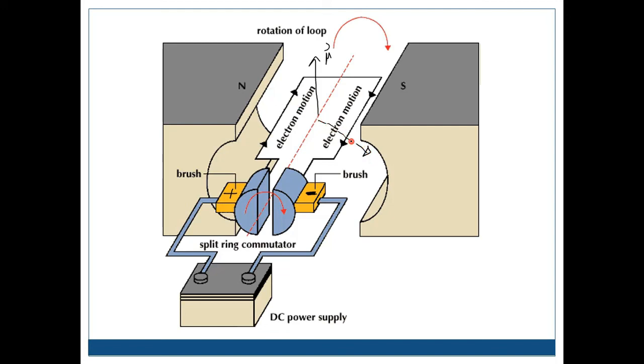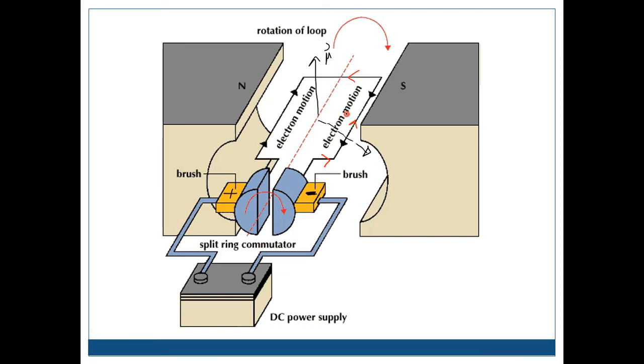It will switch its direction because the current will switch direction. Now my new current, let me draw that with red, will switch its direction. Hence, mu will be facing towards this way, not this way, trying to align with the field. It will again rotate the same way rather than making the loop come back to its original position.